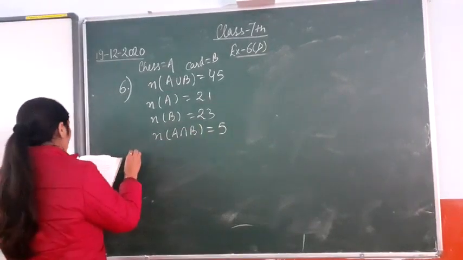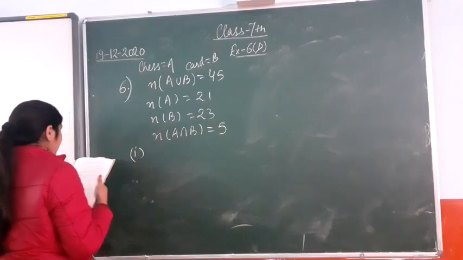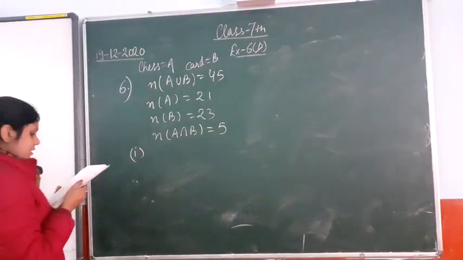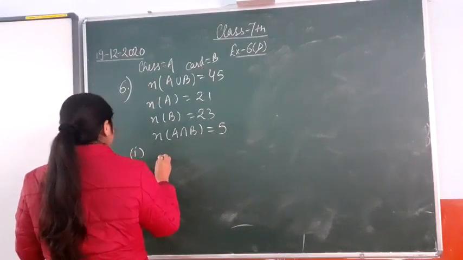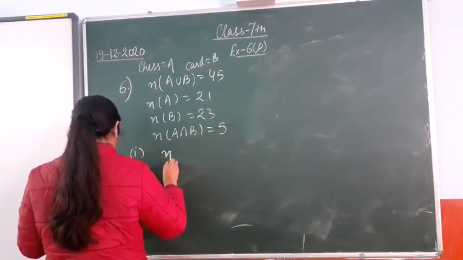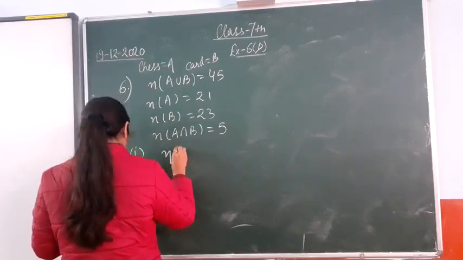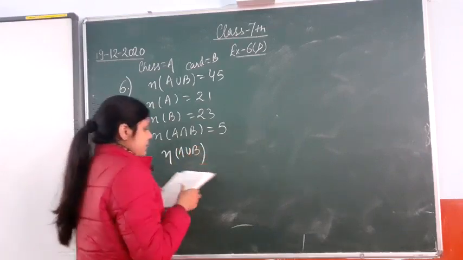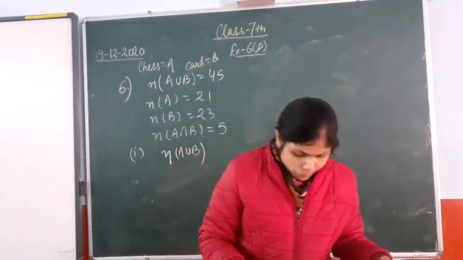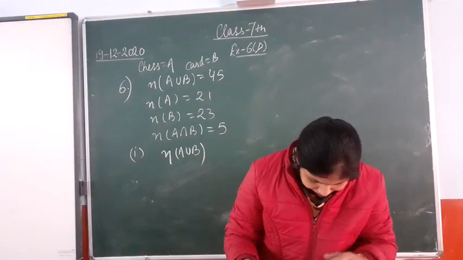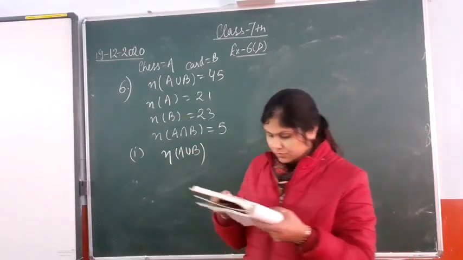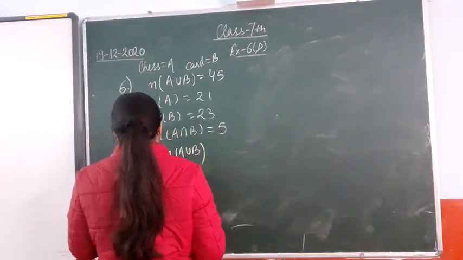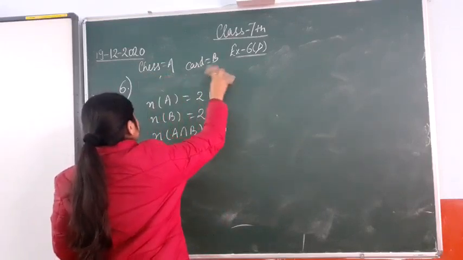You have to take out how many do not play any of the games. So how will you do this? First you will take out n(A union B). And n(A union B) is not given.